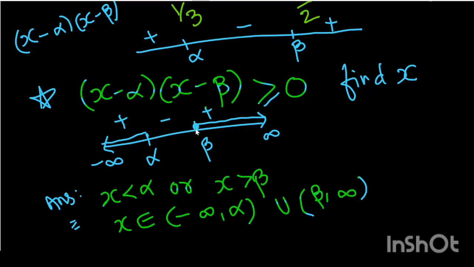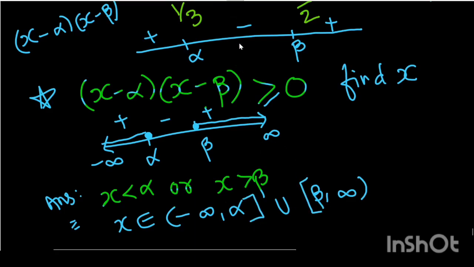Yes, beta we will include, alpha also, and in place of the round bracket, what will come, guys? Yes, square bracket will come.